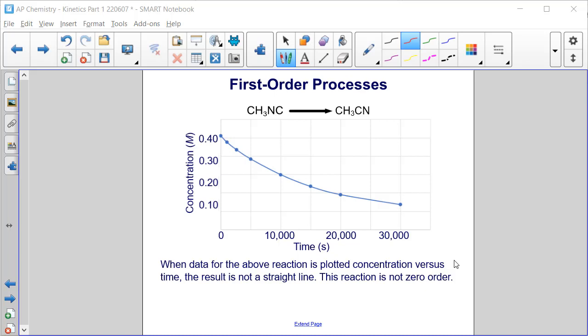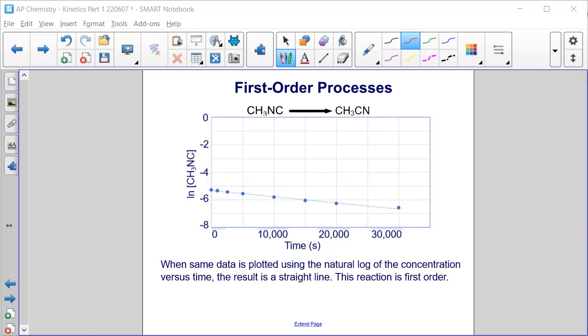If I plot just concentration versus time for this reaction, you can see I don't get a straight line. This is not linear, and that's how I know it's not zero order, because concentration versus time for a zero order reaction is a straight line.